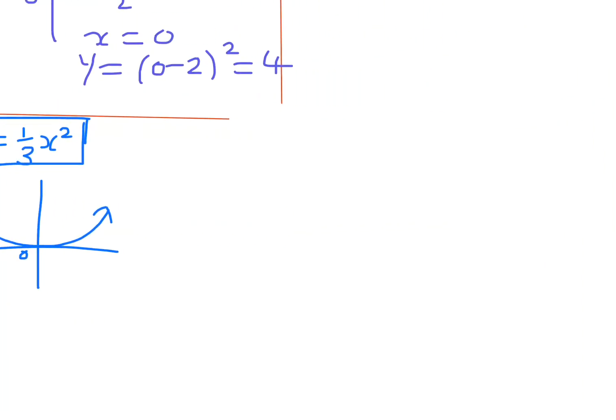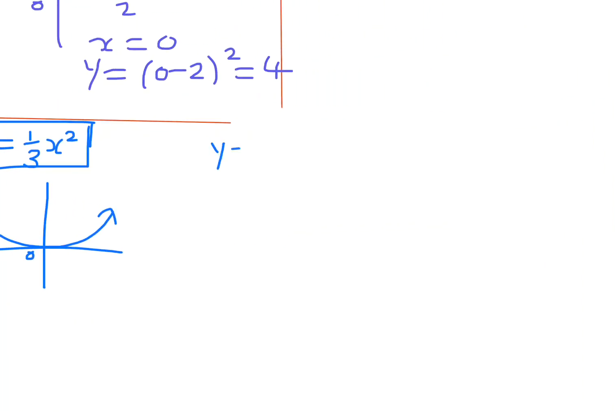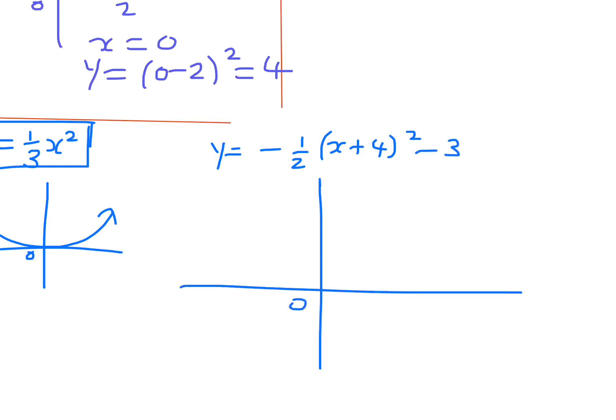So if you're looking at something like this, y equals minus 1/2 x plus 4 squared minus 3, there's a whole lot of things happening here. What do all these different numbers do? That one flips it. That one makes it wider.